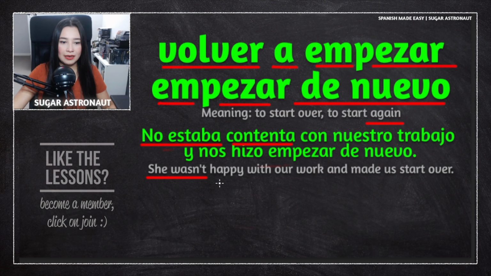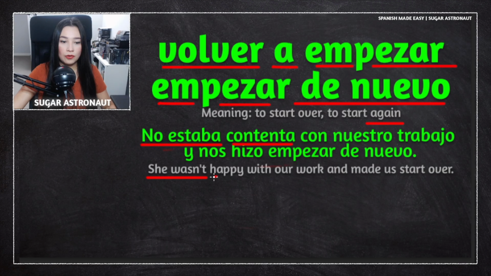Contenta. Happy. Contenta is feminine. Contento is masculine. Con, with. Nuestro, our. Trabajo. Trabajo means work and also means job, okay, in Spanish.